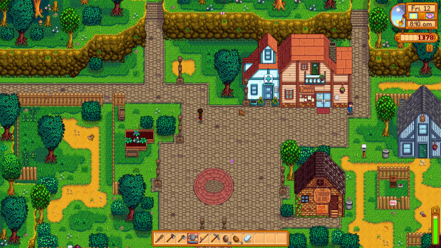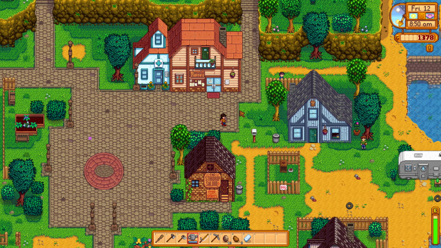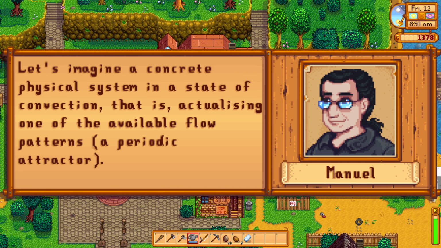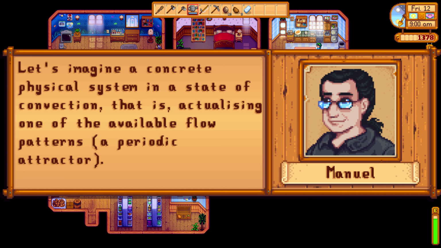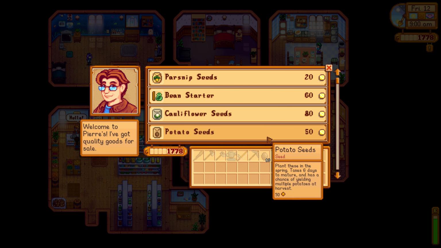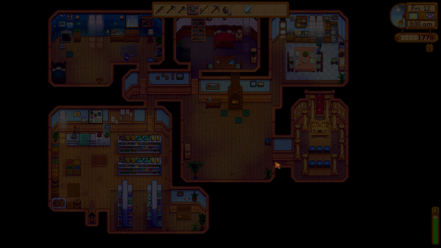To explain, he returns back to the hydrodynamic flow patterns of conduction, convection, and turbulence. Let's imagine a concrete physical system in a state of convection, that is, actualizing one of the available flow patterns, a periodic attractor. Here, the periodic attractor represents an actual system's virtual component.